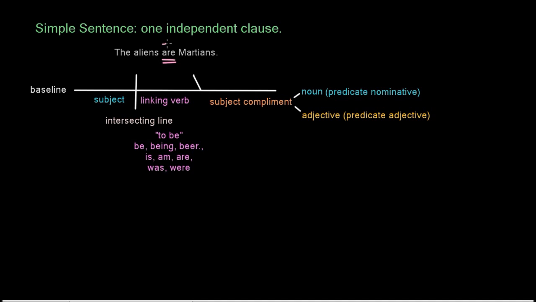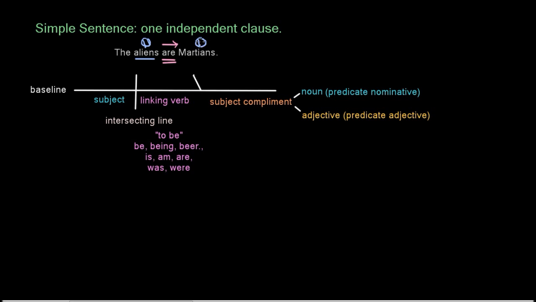And we ask ourselves who or what are. The aliens are, so the aliens are our subject. And the Martians are our subject complement, a predicate nominative.